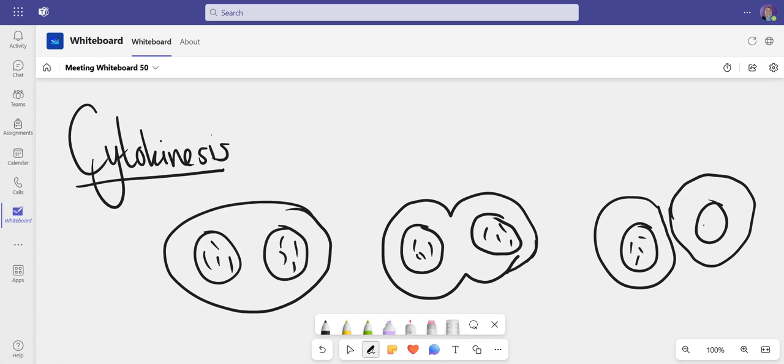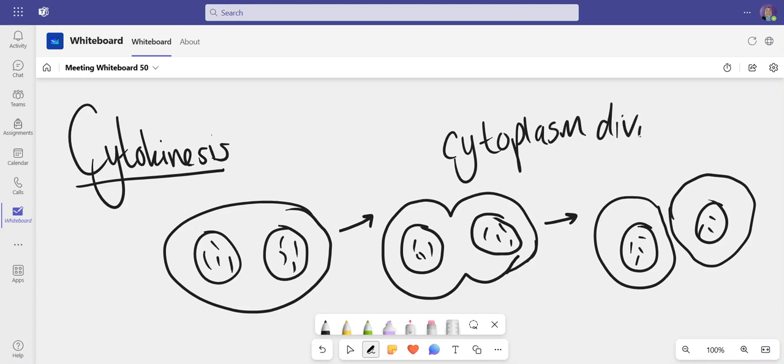So it was the nucleus that divided in mitosis, and it's the cytoplasm that divides in cytokinesis. And what we've got at the end is 2 identical daughter cells.